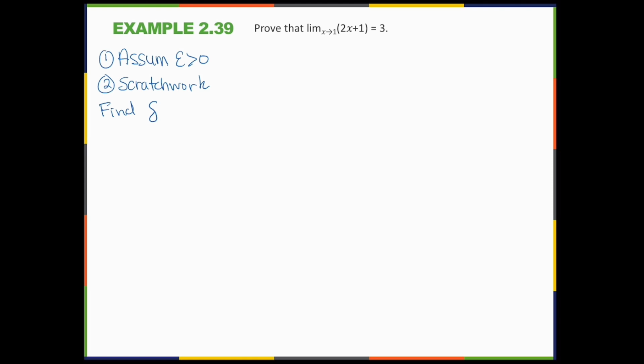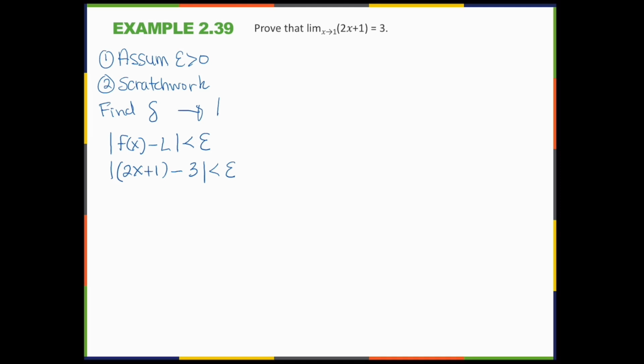Okay, so we're going to start to find delta. We want to start with |f(x) - limit| is less than epsilon. So that gives me f(x), which is 2x + 1, and I want to subtract the limit, which we know is 3, and we want to say that that's less than epsilon. All right, now our goal is to whittle this down.